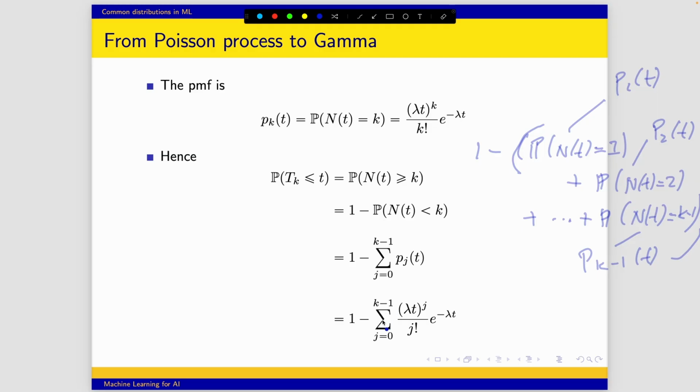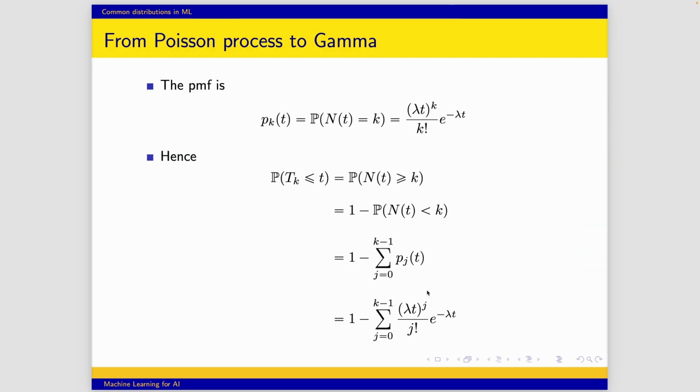And this is equal to what? Well, if we put k equals j in here, we'll get this value, p_j(t). So we've got 1 minus the sum from j equals 0 to k minus 1 of this sum here. We actually derived this using calculus, because what do we have here?